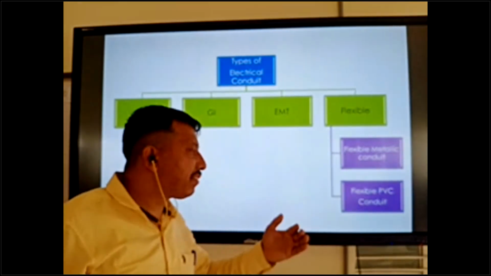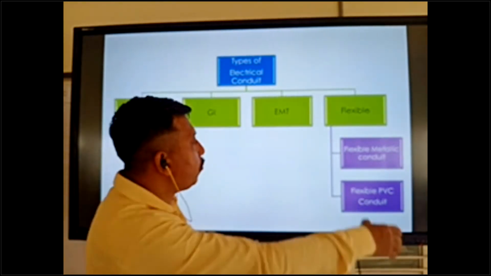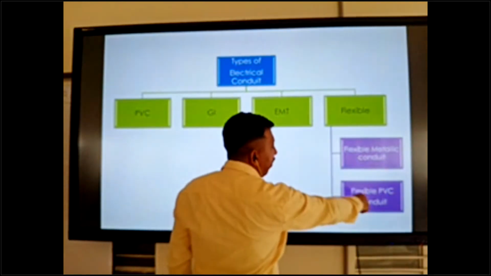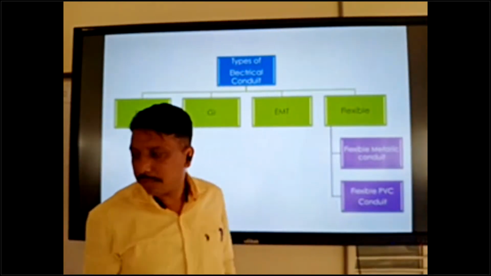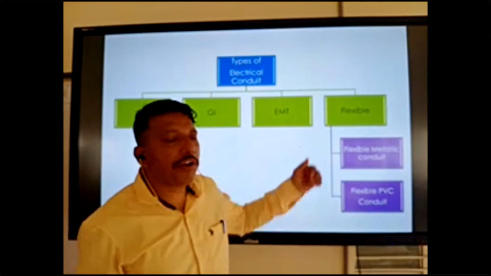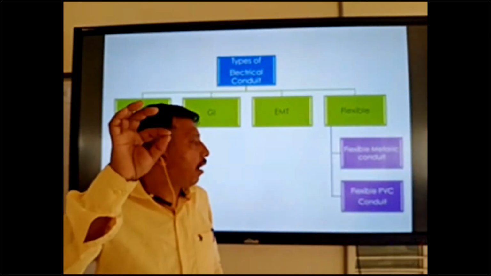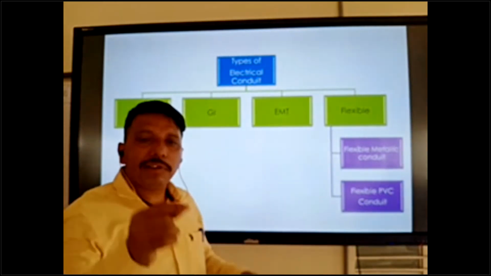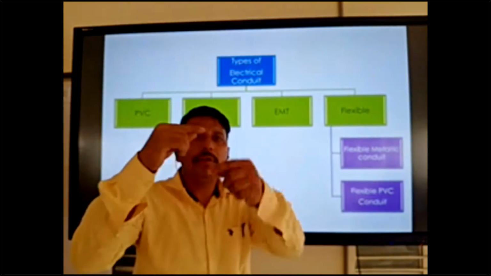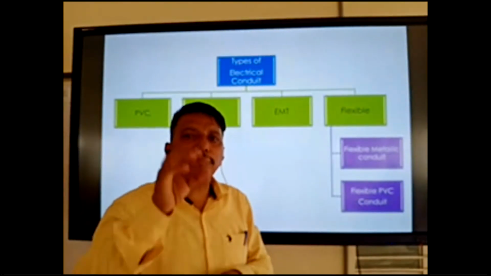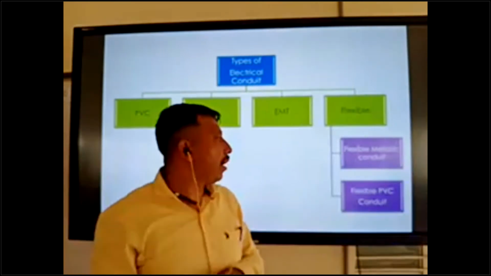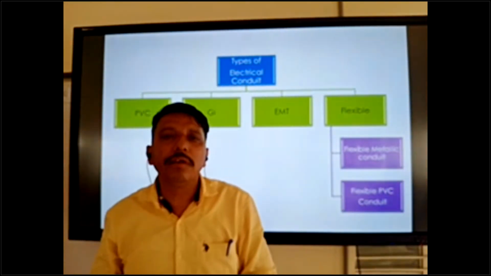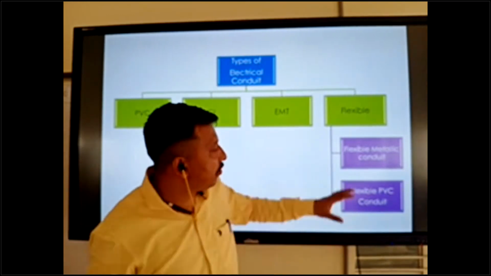And inside flexible we can find two more types: flexible metallic conduit and flexible PVC conduit. Flexible metallic conduit means this Copex, also called the Copex pipe. Inside it has a metal cover, and outside PVC.